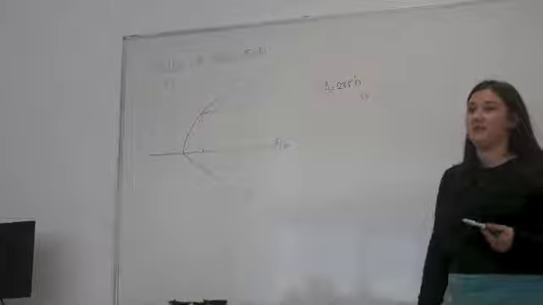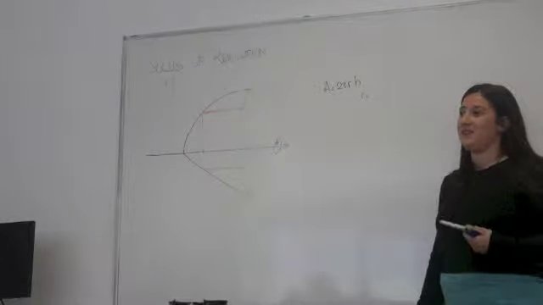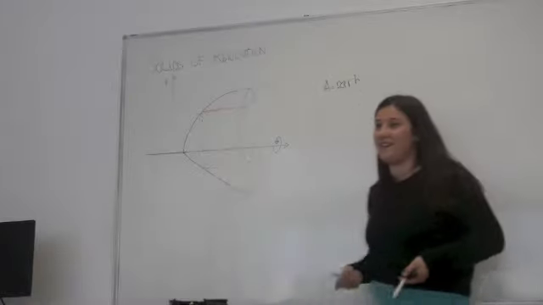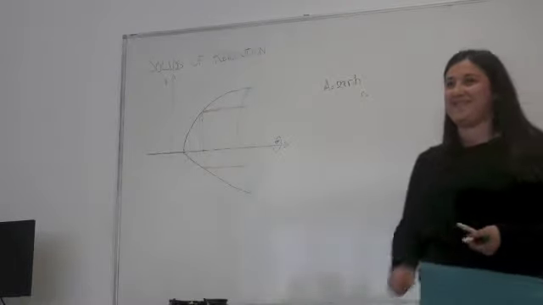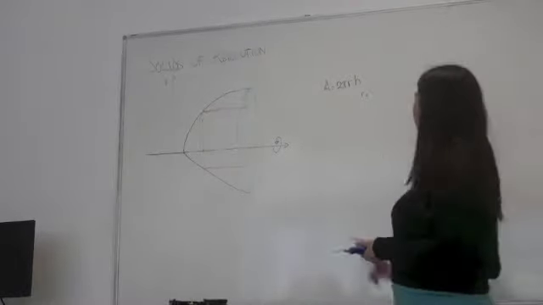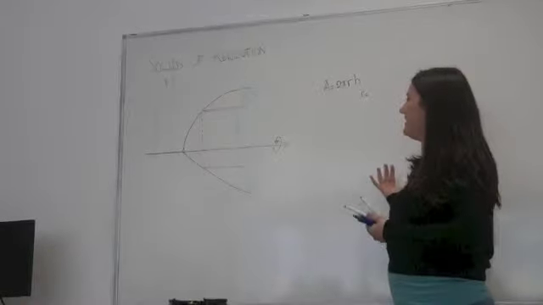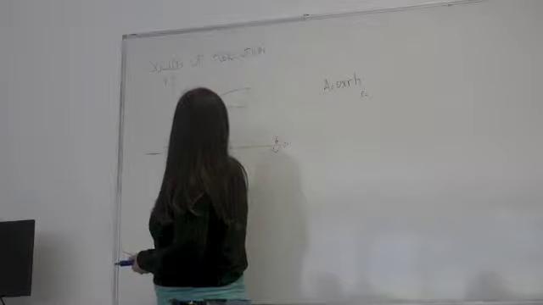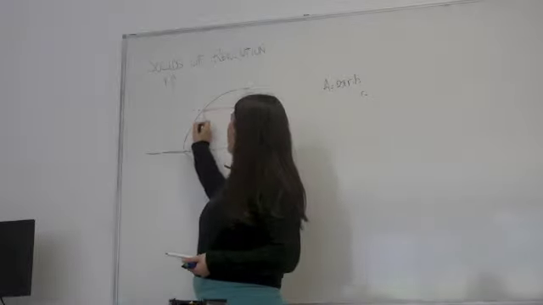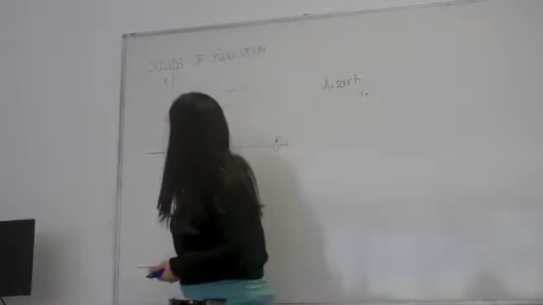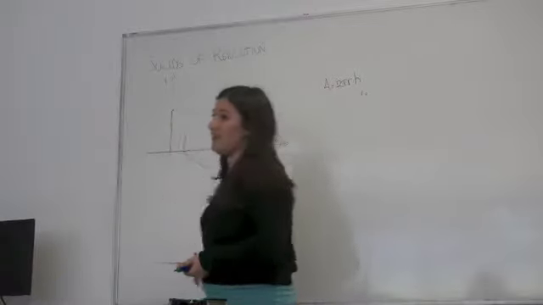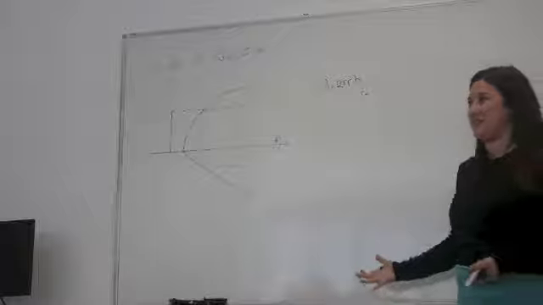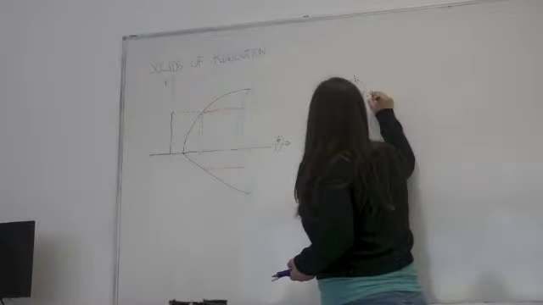What do you think it is? We can write it as f of x, or if you think this way, what is this? It's f of x or y. You can write it as y, right? So the radius is y.